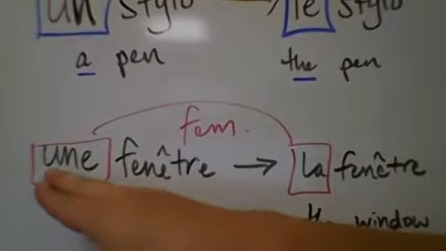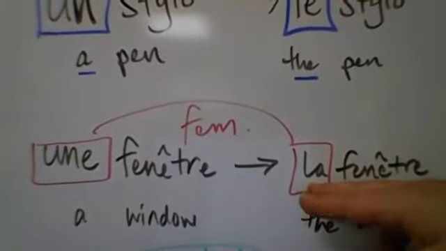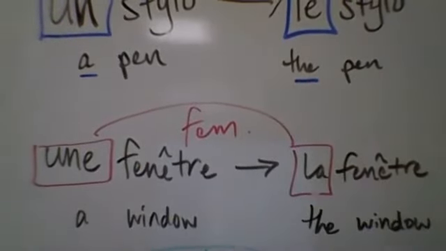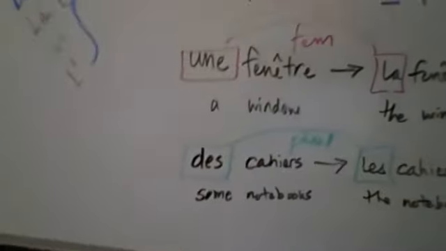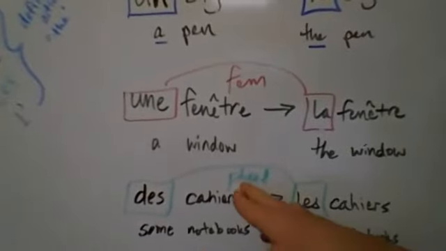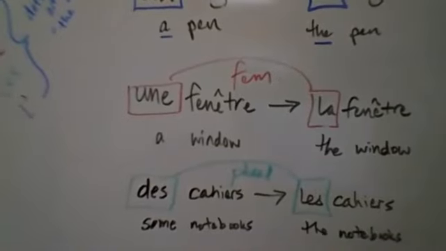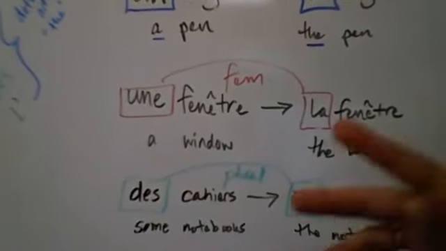So une and la would be the feminine forms when we're talking about a feminine singular noun. Here, there we go. And the plural, you know, des cahiers, some notebooks, turns into les cahiers. I'm not talking about any notebooks here.